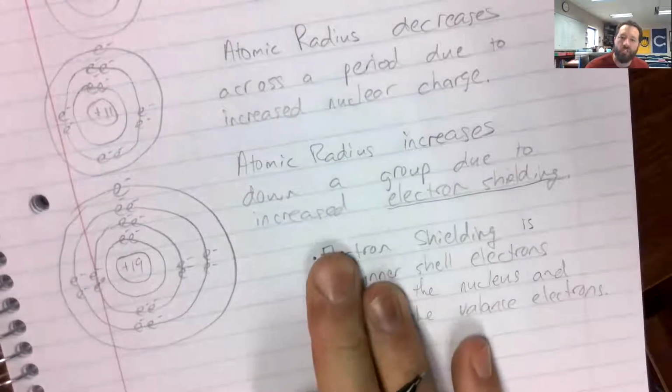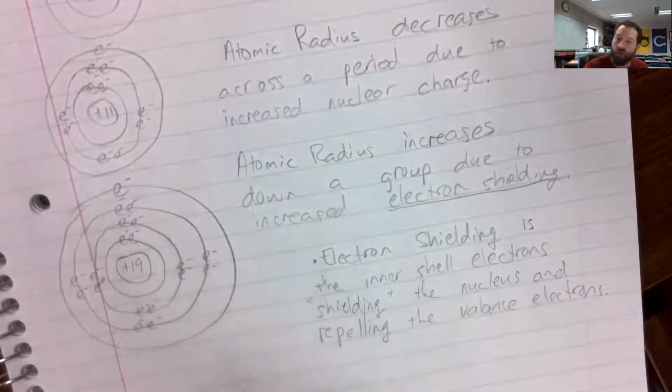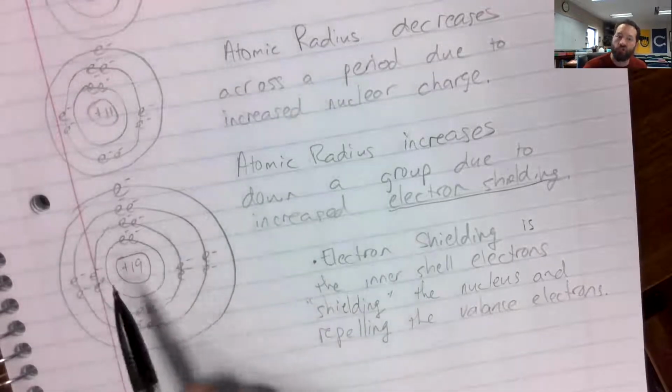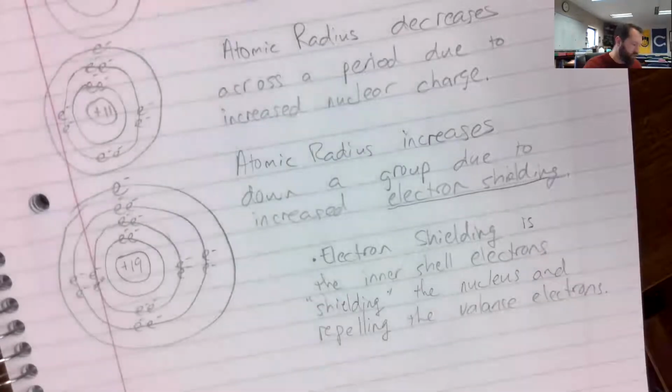So electron shielding is occurring when the inner shell electrons, the ones that aren't valence, are shielding the nucleus, and at the same time, they're repelling the valence electrons.